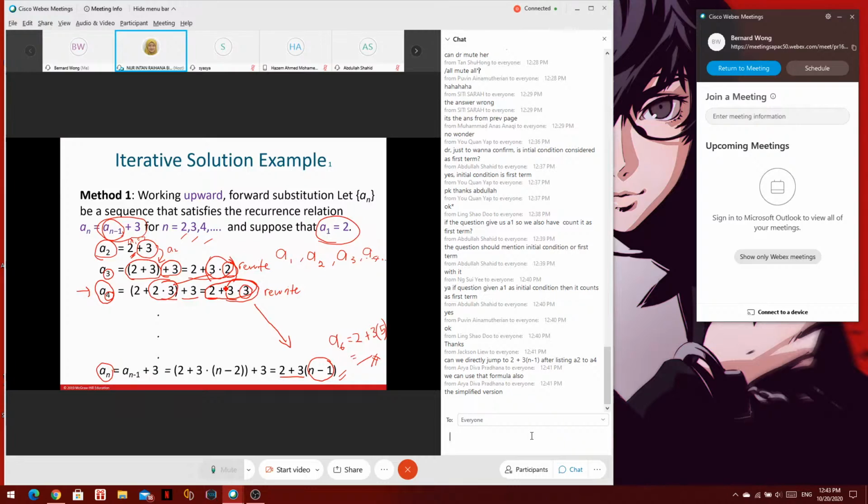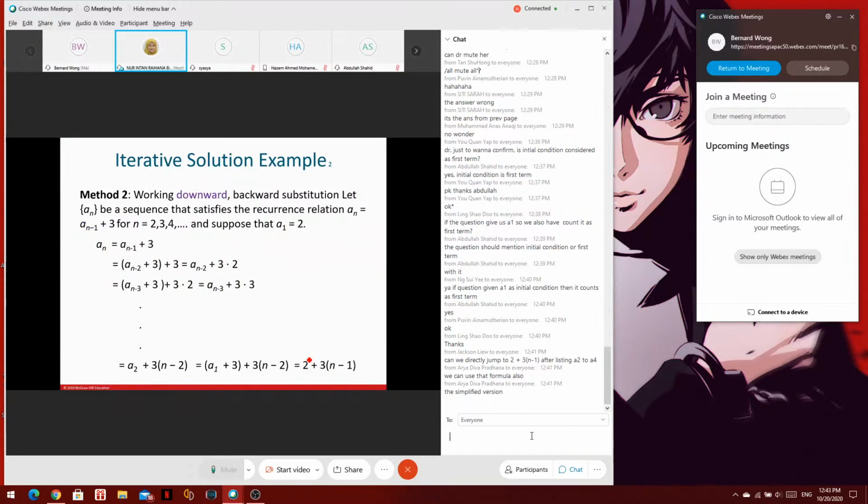So this is the style of this example: just rewrite it again until you get some pattern, then you have the solution. We'll move to the other example.